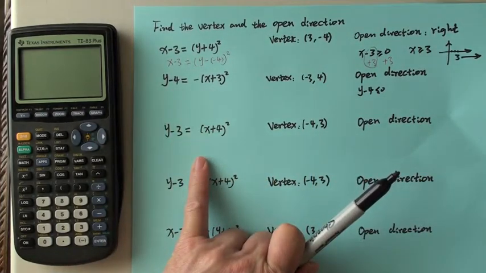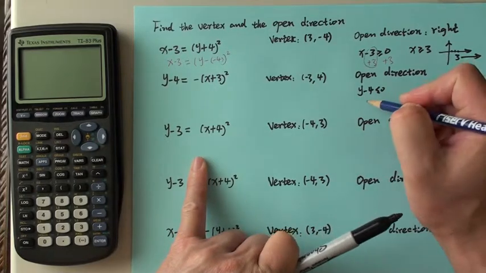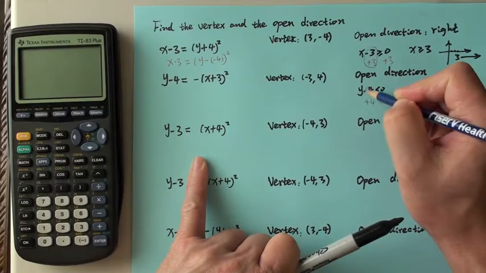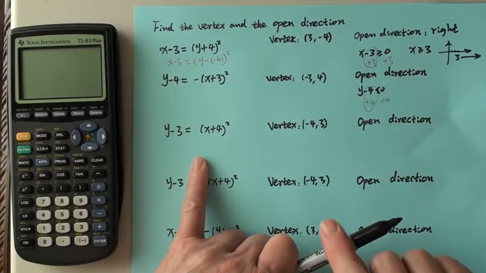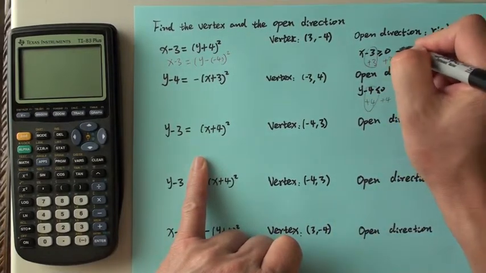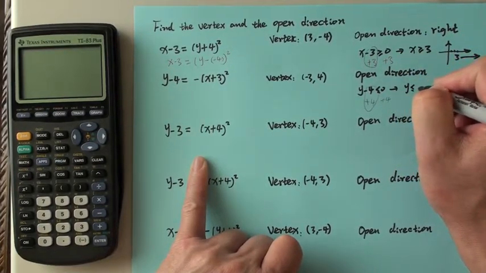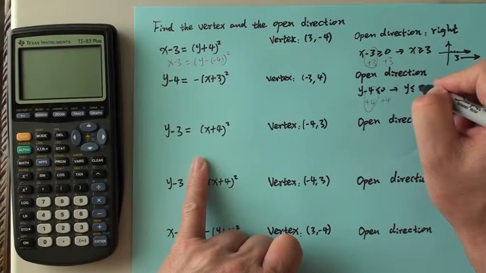Now if you add 4 on both sides, you cancel that. What you get is y less than or equal to 4.